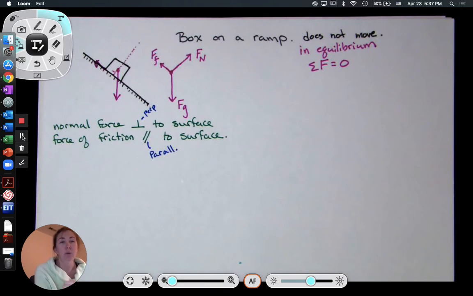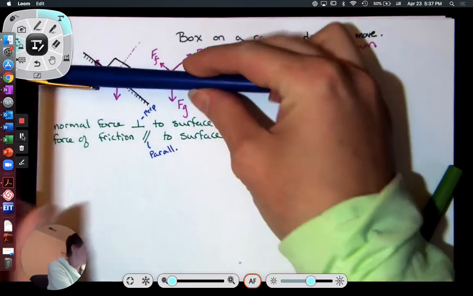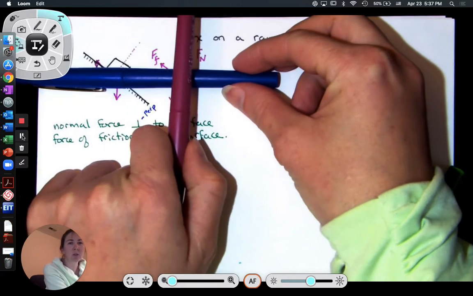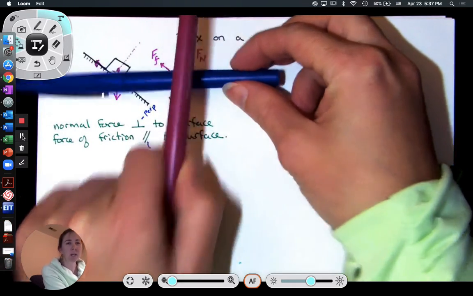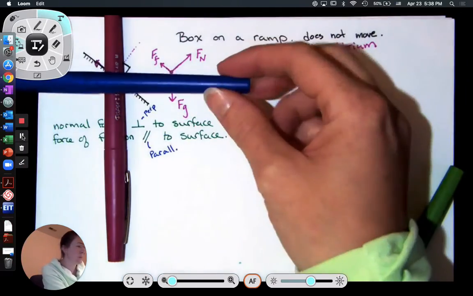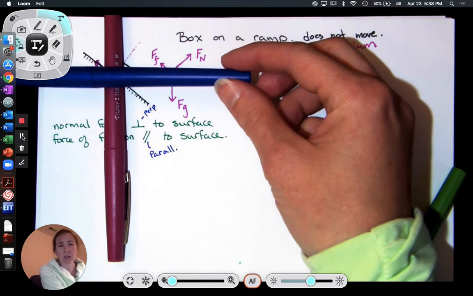When you do boxes on ramps, things get kind of tricky because we're not going to have our x and y go this way, because that means two of our forces are in weird directions, and the box, if it were to move and we had our coordinate system set up like normal, is not going to move along one of the axes.